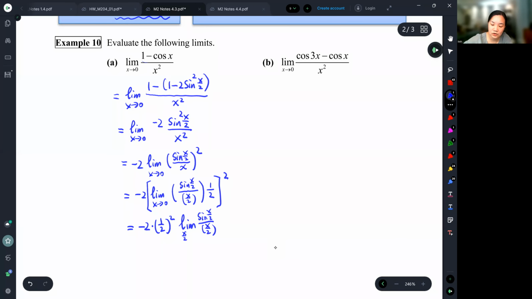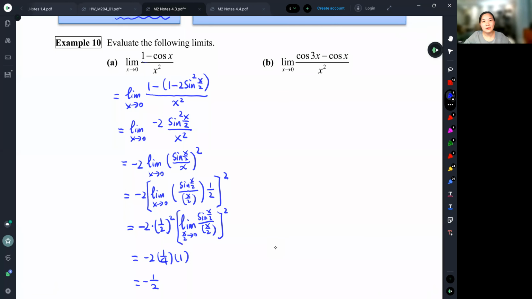Now here is x/2 tends to 0 and this squared. So in the end, it's -2 times 1/4 times 1. The answer is -1/2. It's not easy when you first do that, but try to catch up.